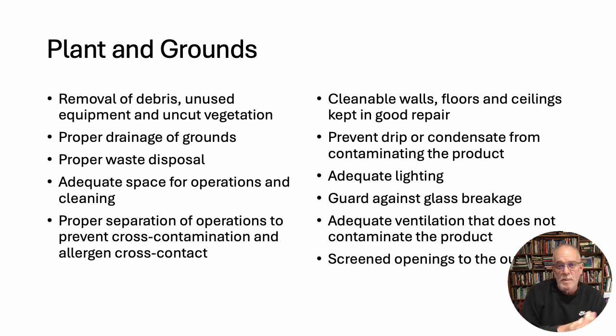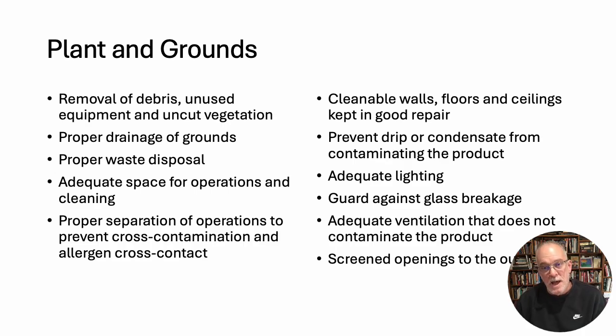We want to make sure that we're maintaining the walls, the ceilings, the floors in proper order. We want to make sure that if there is condensation or drip, which we want to prevent, or if it does happen, we immediately try to remedy that, so that the product is not affected by these things.